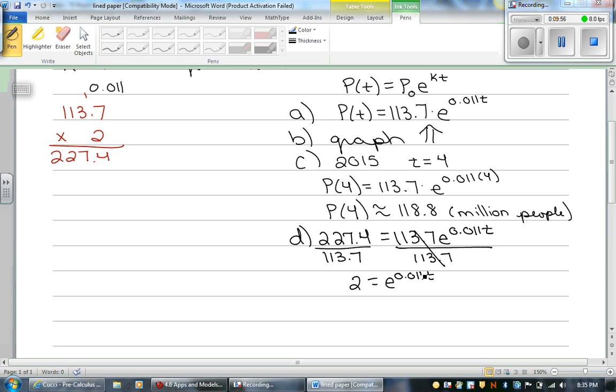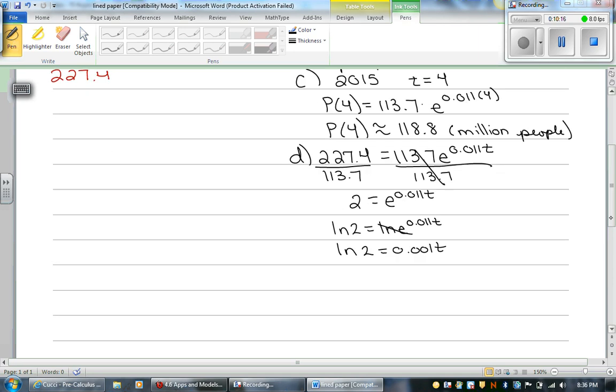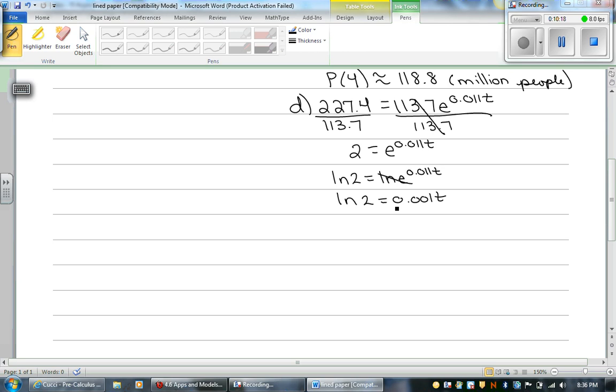Okay. So now, since I'm dealing with an exponential equation with a base of e, remember that we use the natural log, so that's the inverse. So I get ln of 2 equals 0.001 t. Then one last step to solve for that t, and we're going to divide.